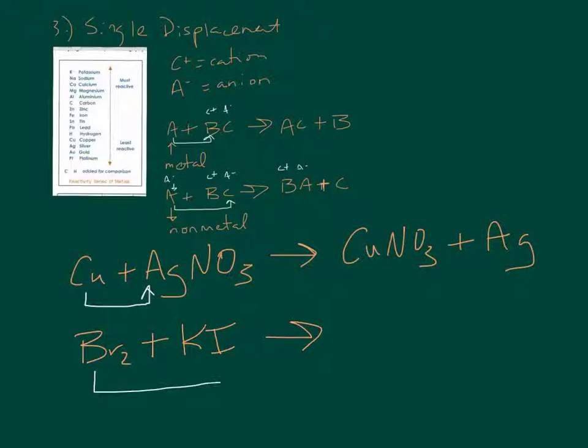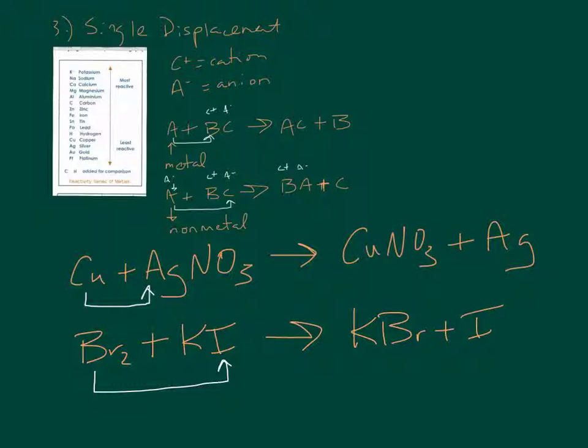So it has to replace the other nonmetal. Okay, so it's going to replace iodine. So now what we end up with is potassium bromide plus iodine. So again, because bromine is a nonmetal, it's going to replace the nonmetal in the compound on the reactant side. So you get a new compound where bromine and potassium are bonded together and iodine is by itself.